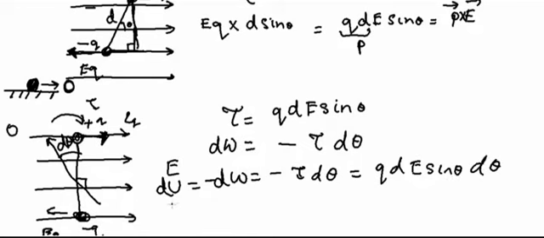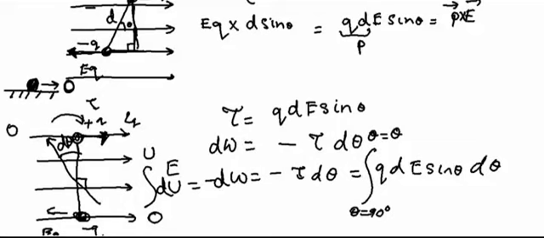So, the total work done when I rotate this from 90 degrees to any general angle: when it is at 90 degrees, I have given it a reference of 0. So, from 0 potential energy to any potential energy U will be equal to the integration from theta equal to 90 degrees to theta equal to any general angle theta.